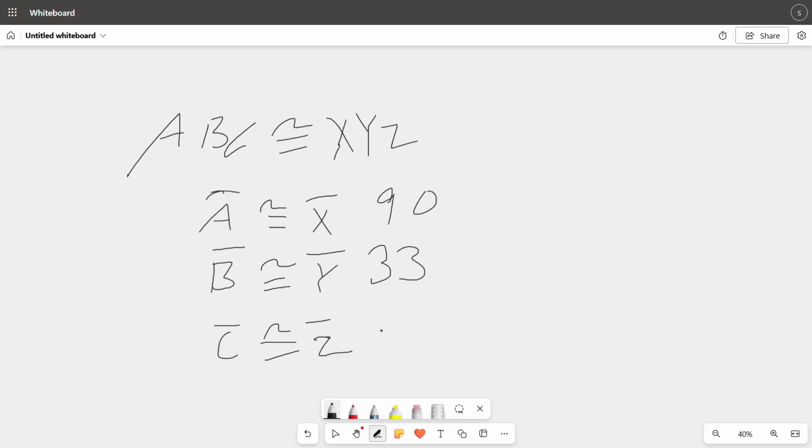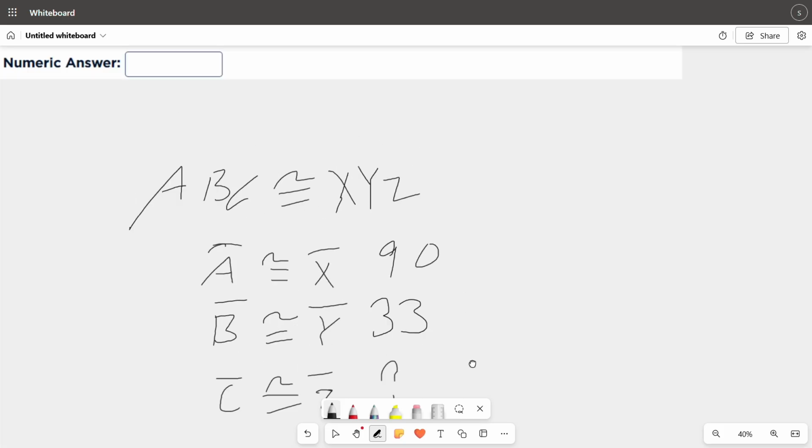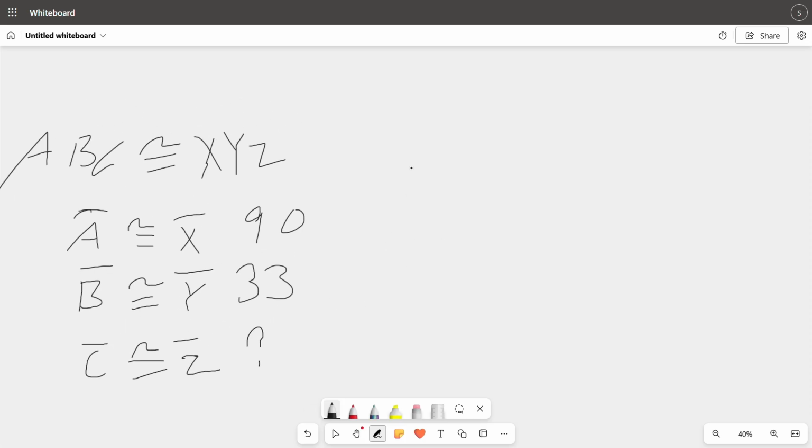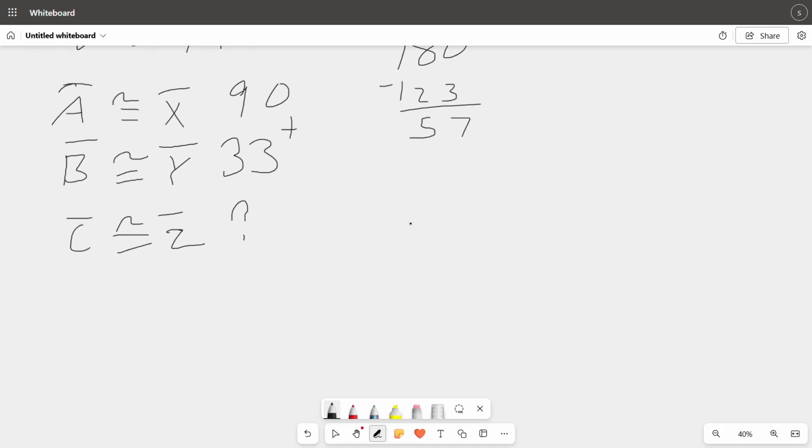We just have to find out what C and Z are, but we are specifically looking for Z, even though they're the same. So 180 minus 90 plus 33, that's 123, and that'd be 57. So that means angle Z is equal to 57.